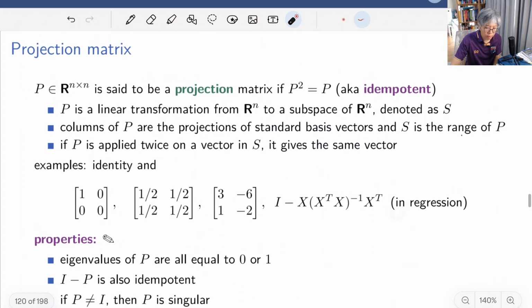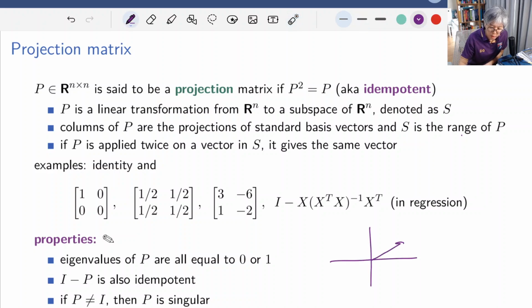Projection matrix, or idempotent. A square matrix P is said to be a projection matrix if P squared equals P. If your x is here, Px could be another vector in another direction with another norm.